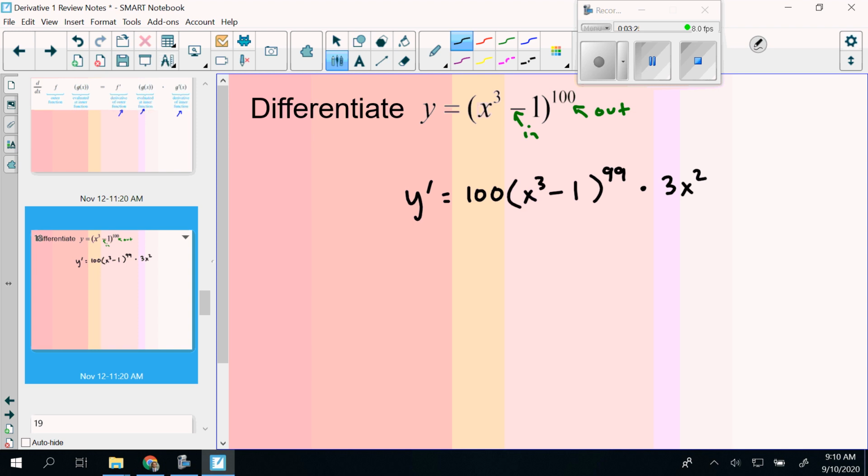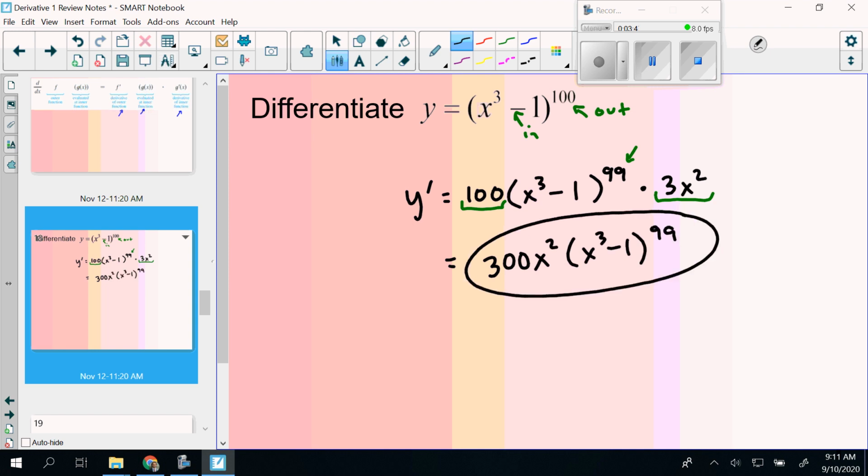Derivative of 1 is 0, so the derivative would just be 3x squared. That's the answer. In this case, we could multiply these two together to make it a little bit simpler. We can't multiply it with this because there's an exponent on there. So the way you see it on an exam would probably be written as this. So that would be our derivative right there.